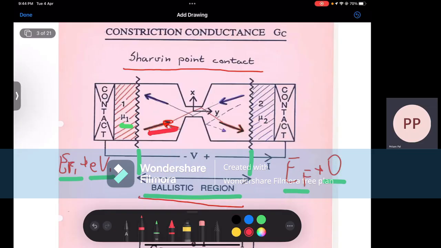Some will be reflected, and the fraction of those is given by the width of the constriction relative to the sample size. So the width of the constriction plays an important role here. And then there are also electrons marked with blue arrows, which go from right to left. This one you can see.